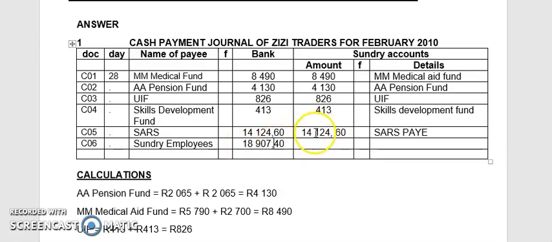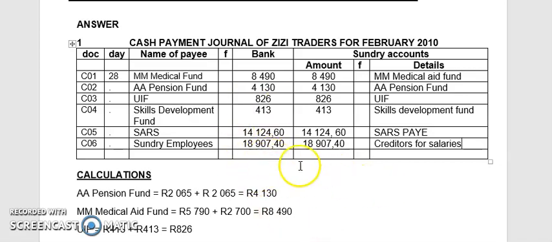It can be a comma, and then 18907.40. Now here the details is creditors for salaries. So that's it, we're done. Cash payments journal done, and I think that's quite straightforward.